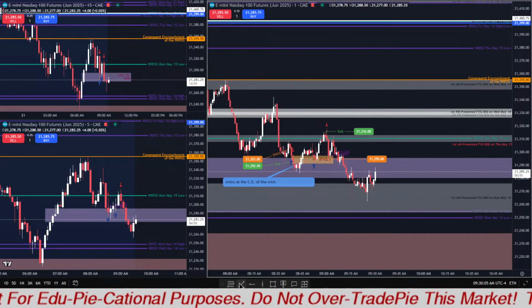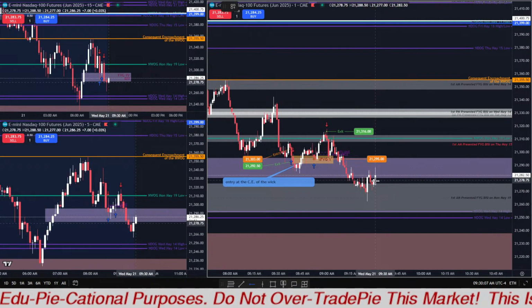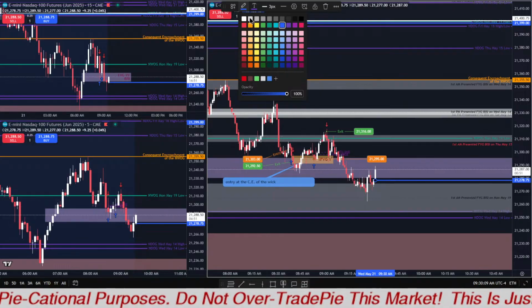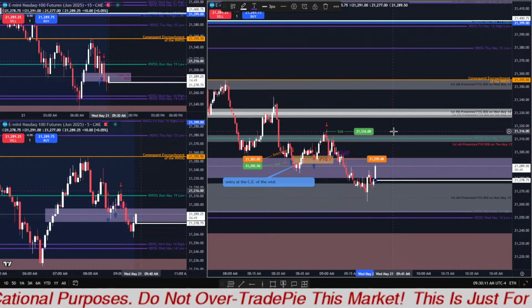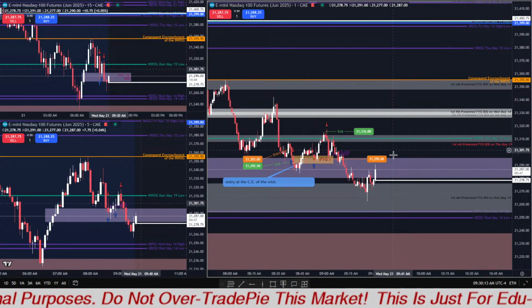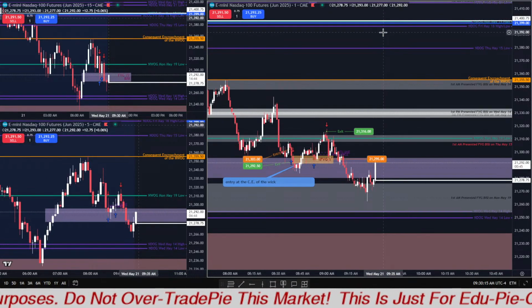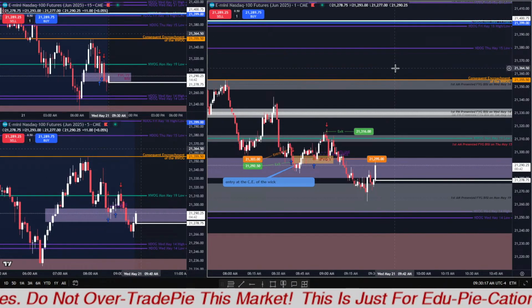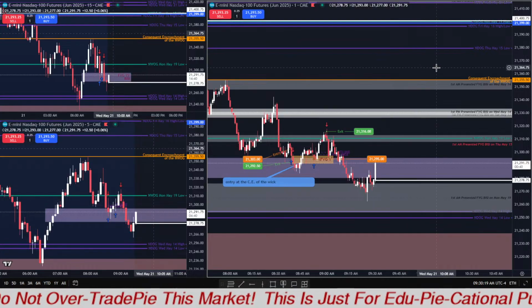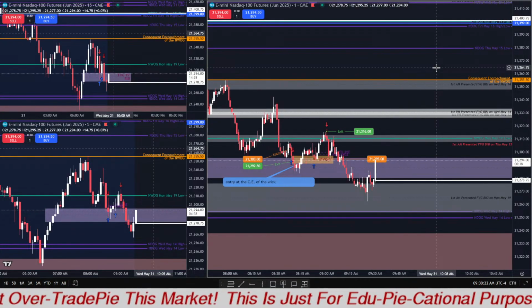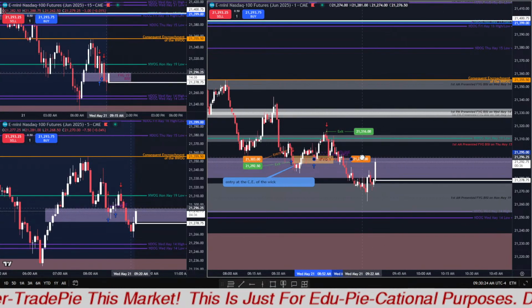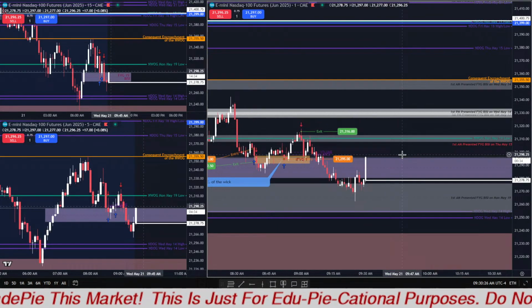Now we opened in the market, and we are over here. We opened in discount. It is preferable to see a run initially higher toward the consequent encroachment of the new week opening gap.